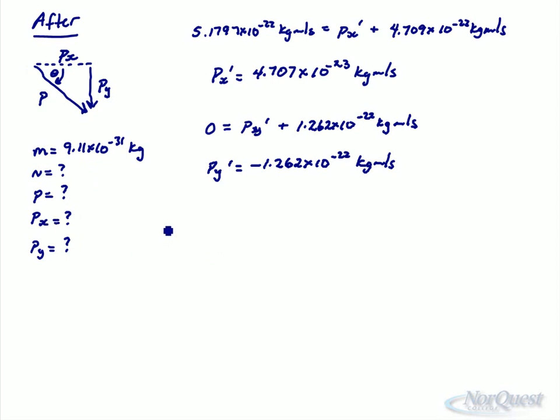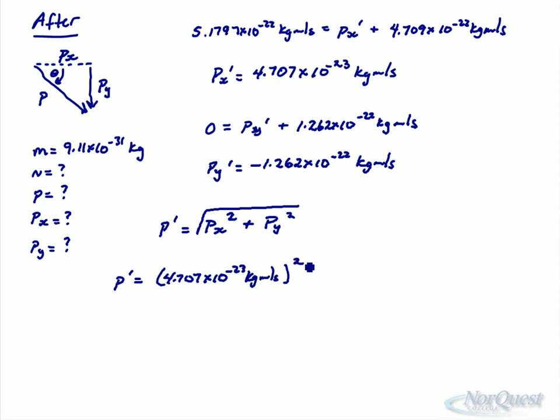So Pythagoras' Theorem tells us that the resulting momentum will be equal to the square root of px squared plus py squared. Put those numbers in. 4.707 times 10 to the negative 23 kilogram meters per second, squared, plus negative 1.262 times 10 to the negative 22 kilogram meters per second, squared.